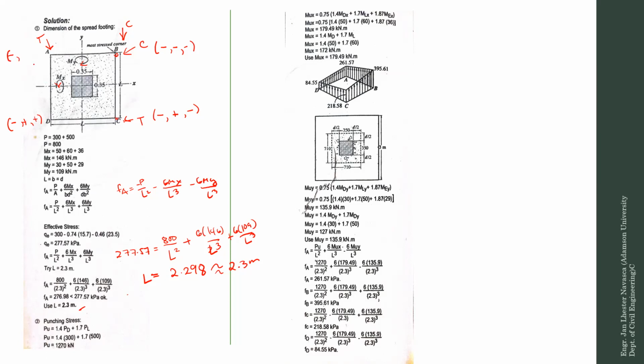Then it is negative in the x-axis. So tutuldok dito yung x-axis. So compression doon siya. And also, this is tension in the y-axis bending. Okay, yan yung mga signs sa each corner.